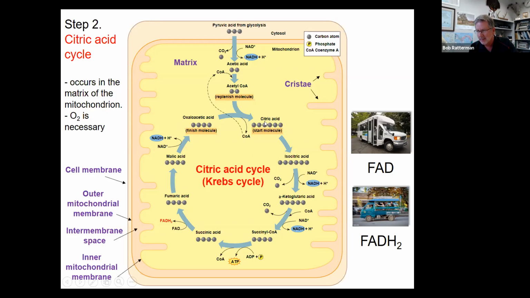Right, 2 plus 4 is 6. When pyruvic acid comes into the cycle, we pull a carbon off of that, and you can see what that forms, CO2, which I talk about being a waste product. That's what you're exhaling right now as we speak, right? Your cells make CO2. So that's where some of it gets made, right here at this particular reaction.